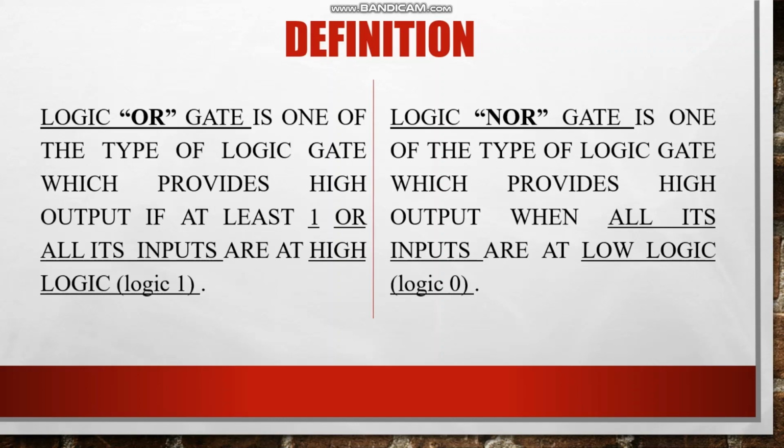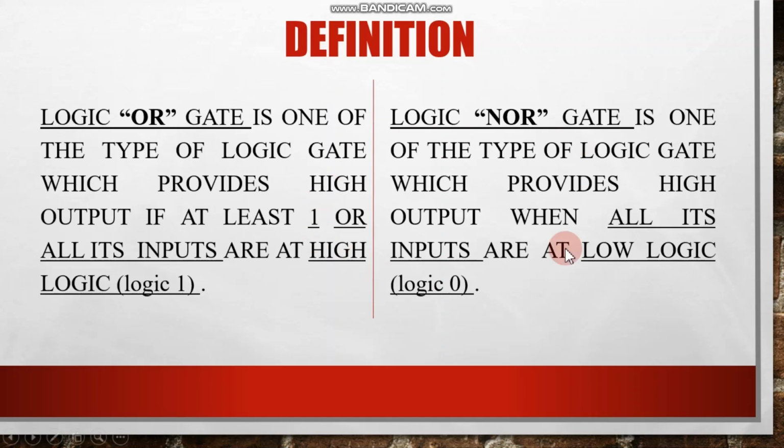I will repeat, OR logic gate will give the high output when at least one of its input is at high logic level. NOR logic gate will give high output when both its inputs are at low logic level. I again repeat, NOR logic gate will give high output when both its inputs are at low logic level.